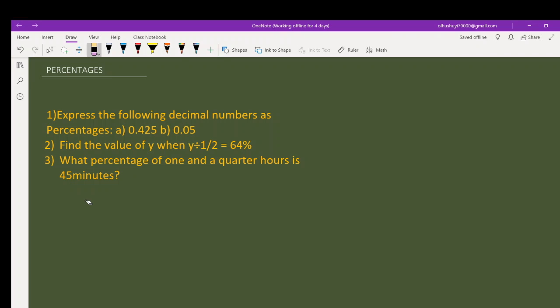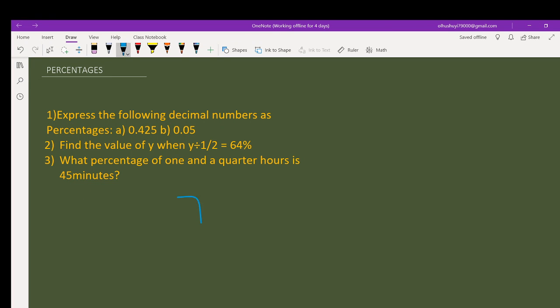When you are representing anything as a percentage, all you do is multiply by 100. Even if you are representing a number in percentage as a percentage, you still multiply by 100. What I mean by that is this.